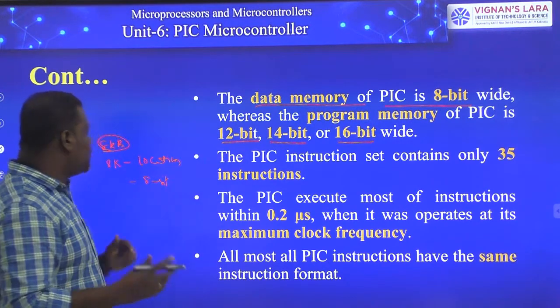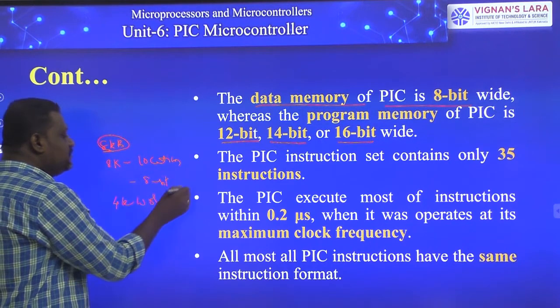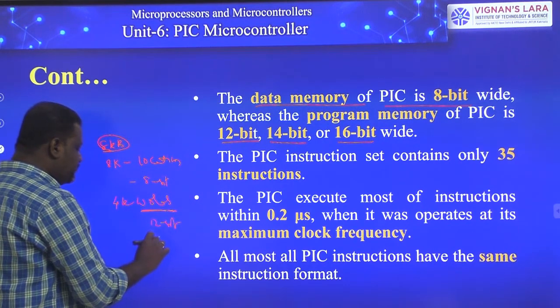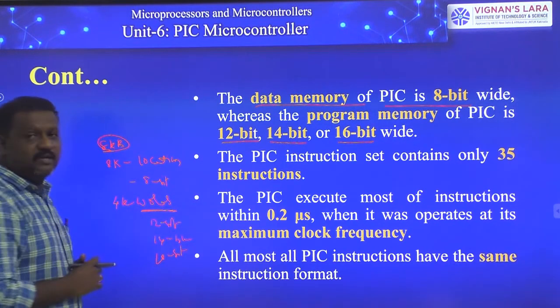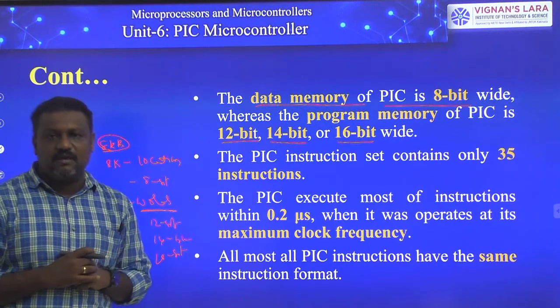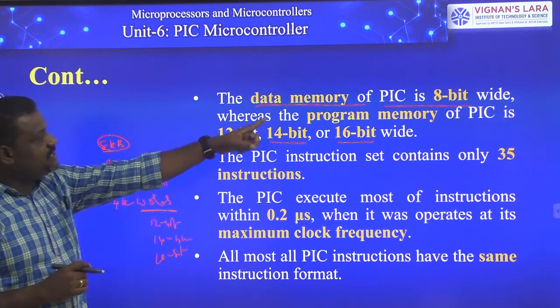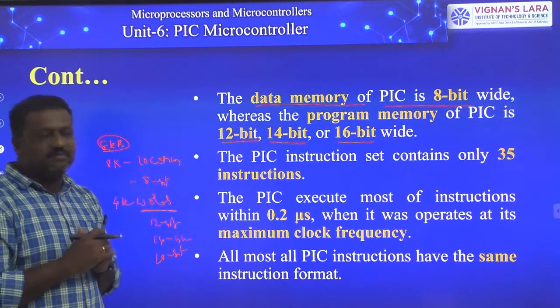If I take a program memory of some 4K words, the word size may be 12-bit, or 14-bit, or 16-bit, any size. It may not be 4 KB, but your data memory is only in bytes. That means the word length is just 8-bit. That you have to know about.